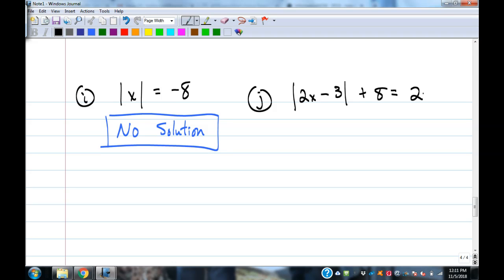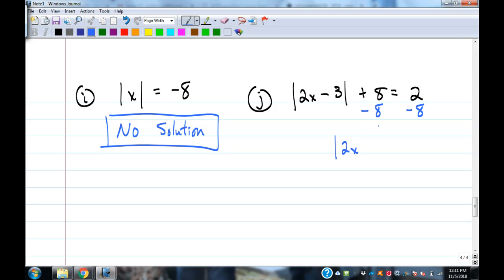But why is it no solution? Show me how you arrive at the fact that J is no solution. What do you have to get by itself first? The absolute value. Before we can set up our two equations, we'd have to get absolute value by itself. So the first move would be subtract 8, right?